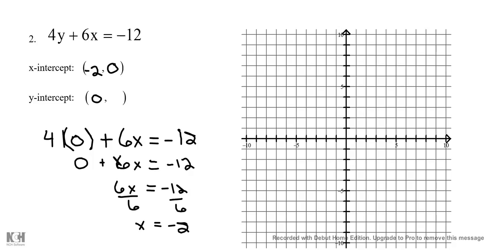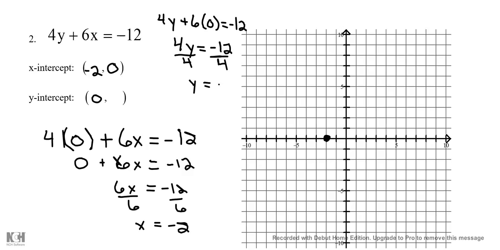So we're going to go left 2 and up or down 0. First point right on the x-axis like we wanted. I'm going to come up here and do the y since I ran out of room there. So I'm going to plug a 0 in for x this time. So 4y equals -12. Divide by 4.